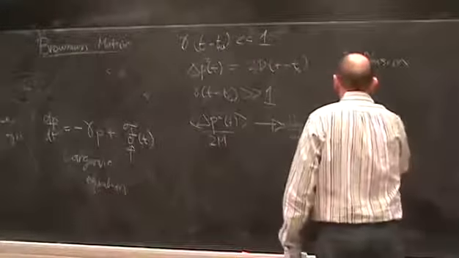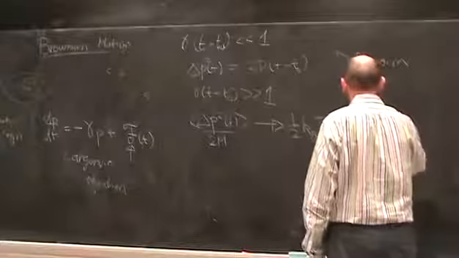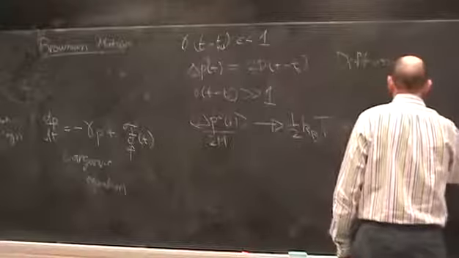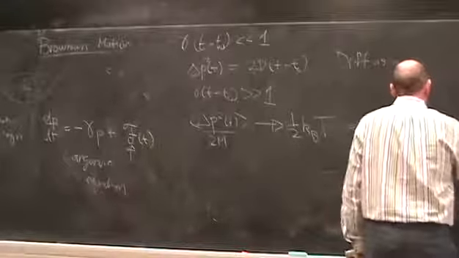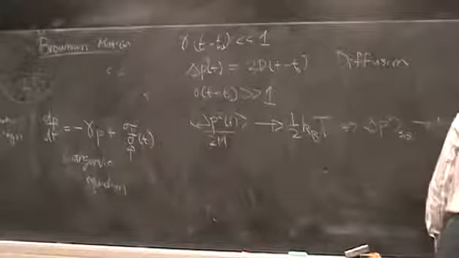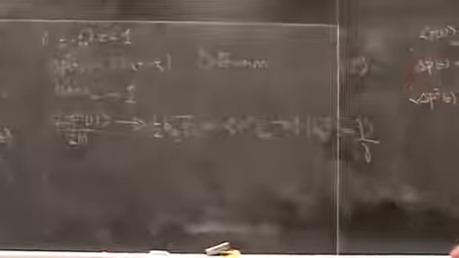So that means that in the long term, these fluctuations in steady state go to m k Boltzmann T, which is equal to the diffusion coefficient over the damping rate.